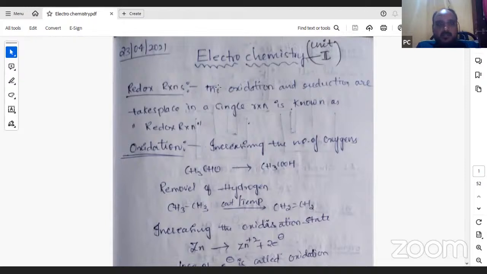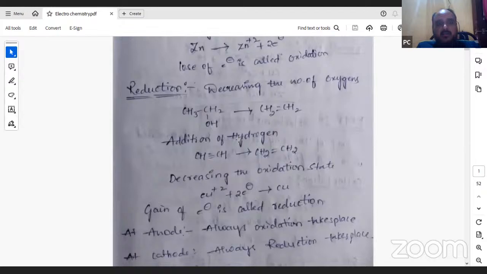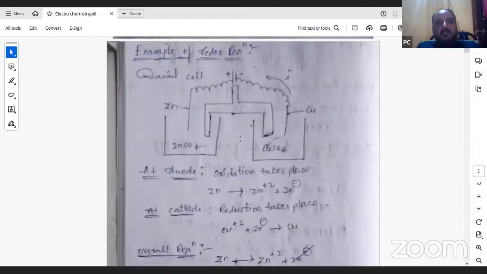So, as discussed earlier, redox reactions. The reactions which involve both oxidation and reduction are called redox reactions. Oxidation means simply loss of electrons, reduction means gain of electrons. One of the best examples for the redox reaction is the Daniell cell.